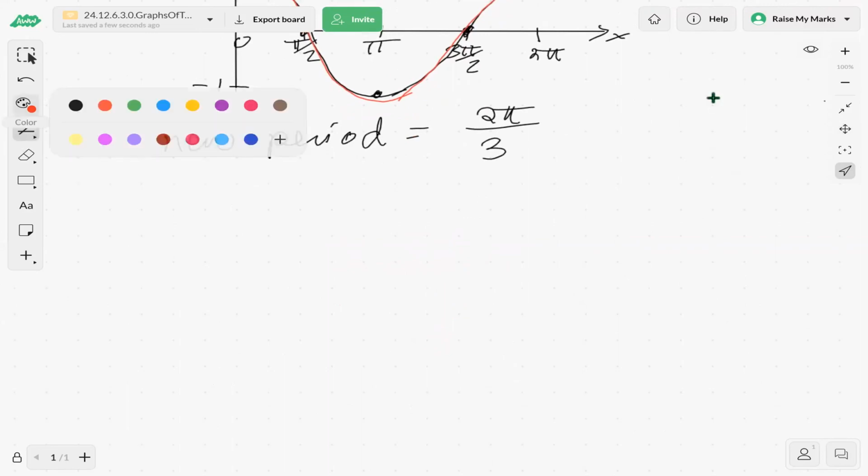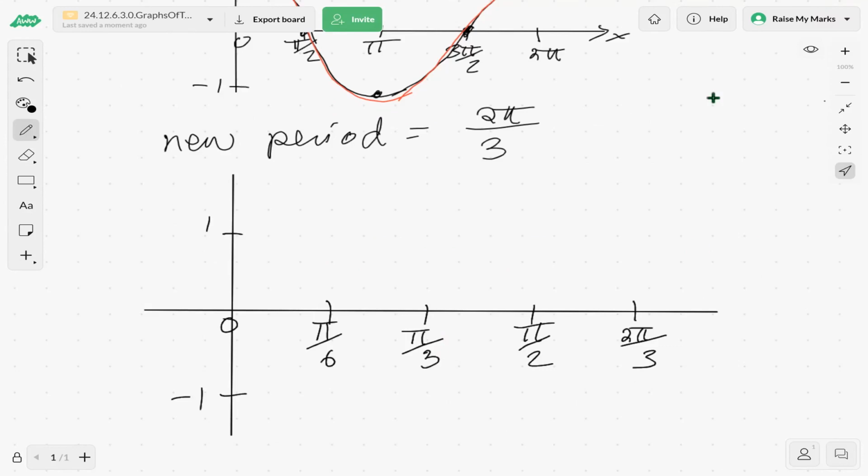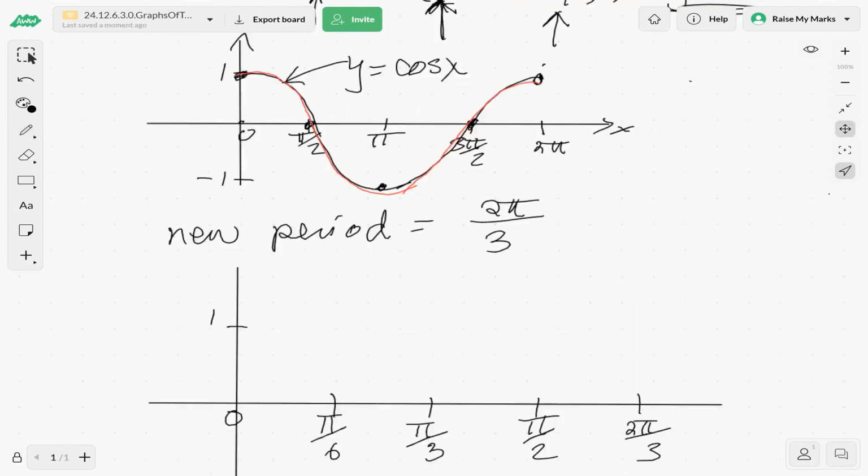Again, let's put some axes in. Our new period is 2 pi over 3, and we're going to divide it up into 4 equal intervals. These intervals are pi over 6, pi over 3, and pi over 2, and of course, we start at 0. Again, our amplitude is the same, 1.